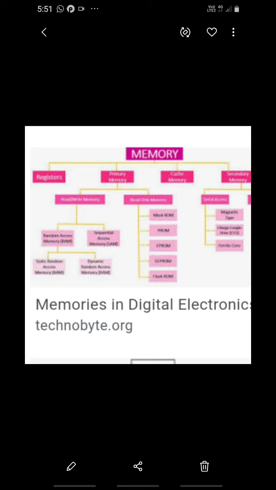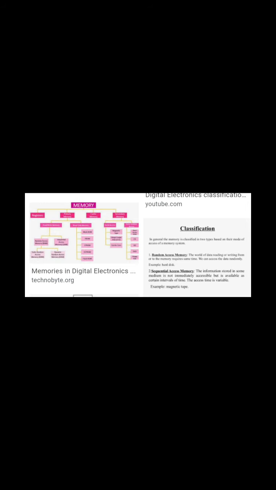The formula for memory capacity is 2 power n into m, where 2 power n is the number of memory locations and m represents the number of bits stored in each location.